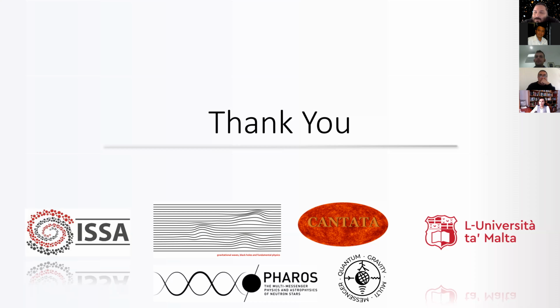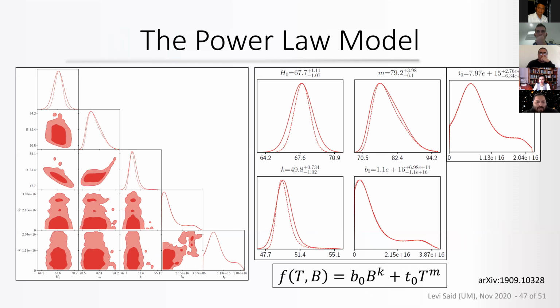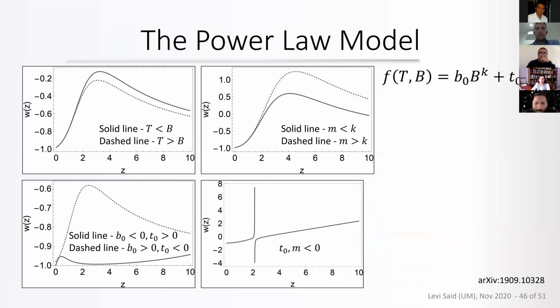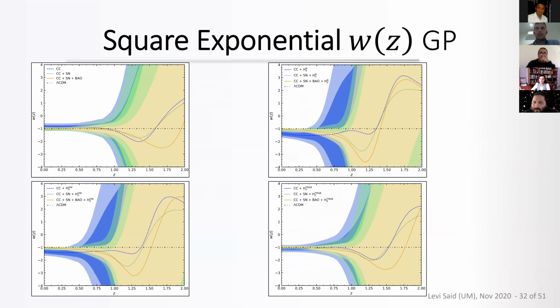I'm curious about the posteriors you have shown when comparing the lambda CDM model with these three different f(T) functions. Can you go back to that slide? Yes, F1, at the very top.